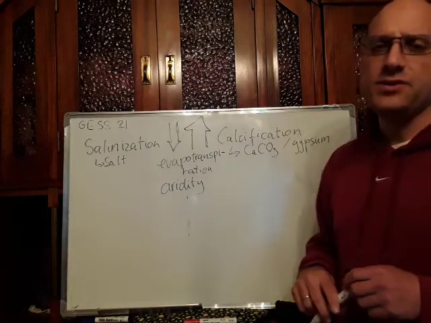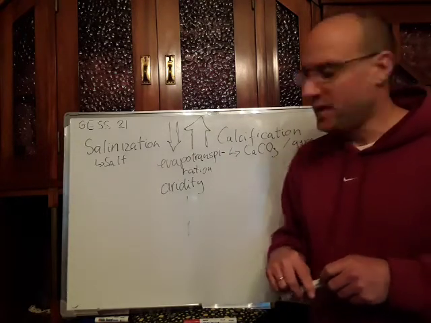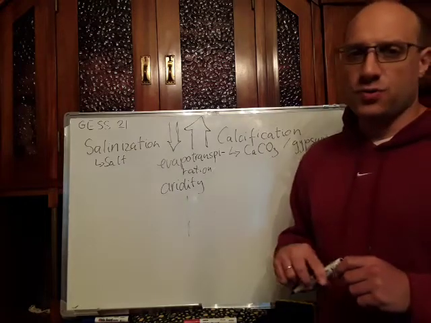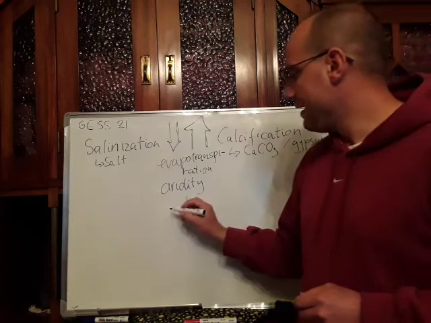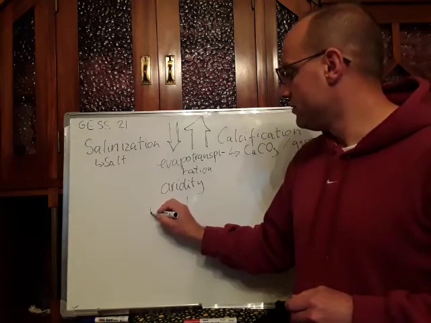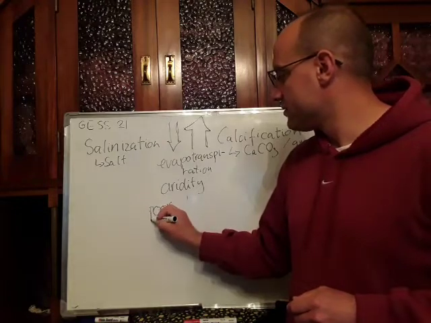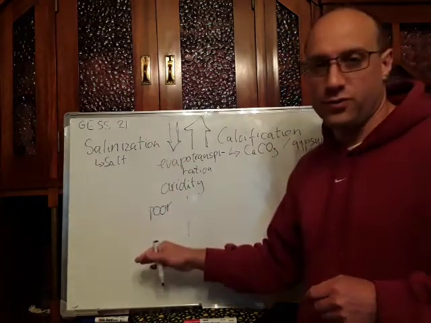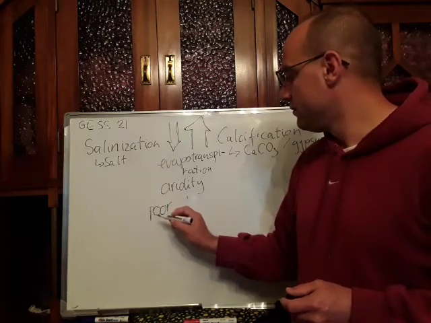For salinization, it can be much more man-made as well. It can be natural, so in general the soil has a poor drainage, so the water is not able to run down into the soil properly.